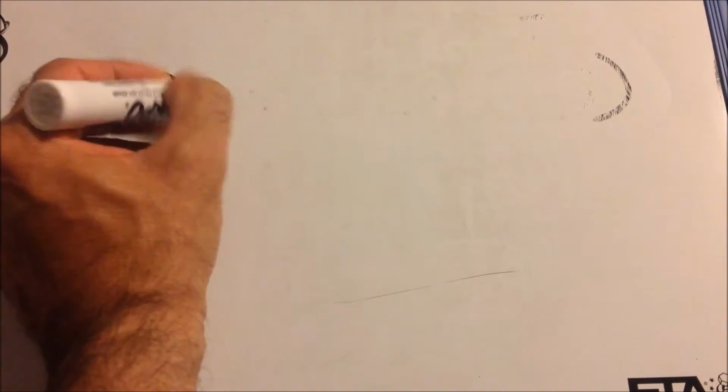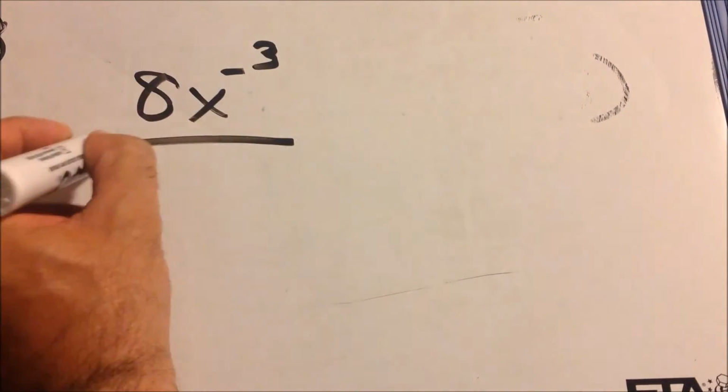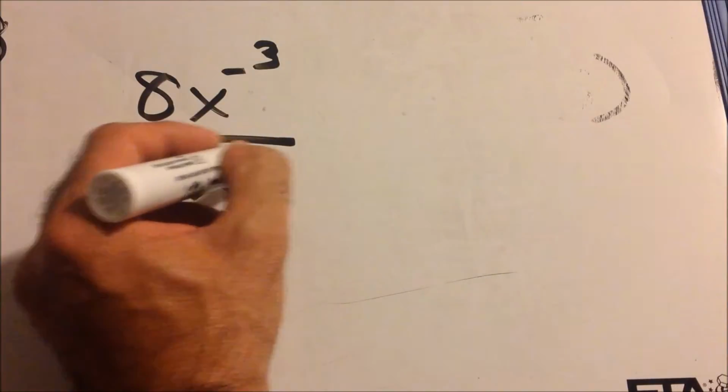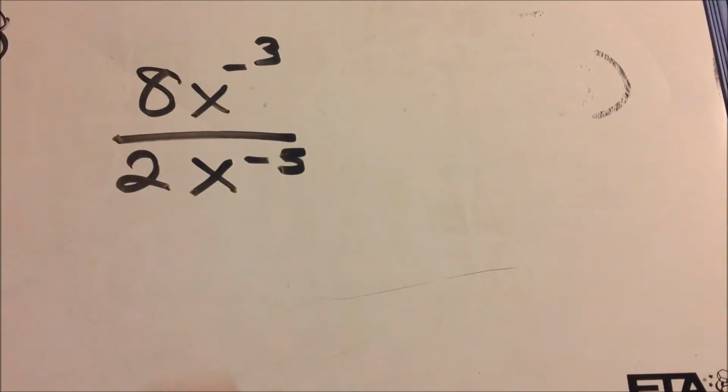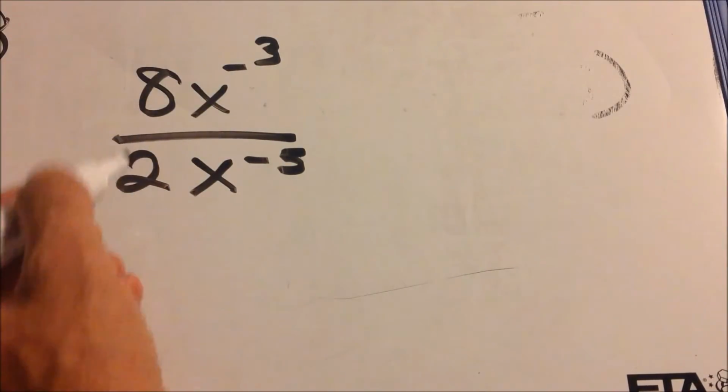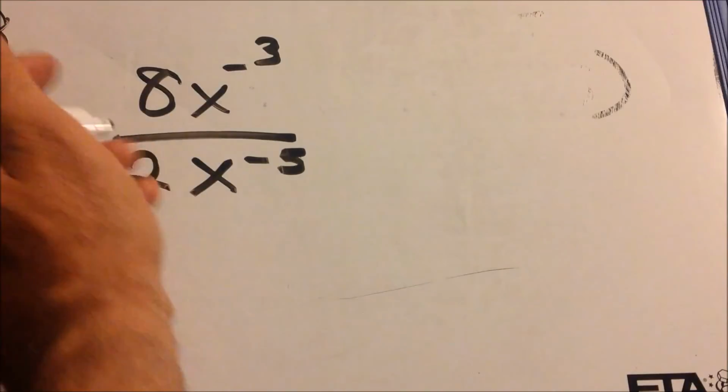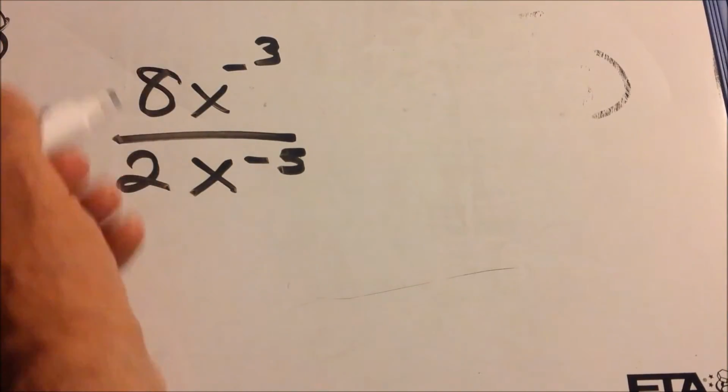Okay, now let's do one with variables. Let's say I had 8x to the negative 3 divided by 2x to the negative 5. How would we do this? What do you think? Remember, the 8 and 2 have no exponents, so you can just divide them, right? They don't have to have the same base, because there's no base.